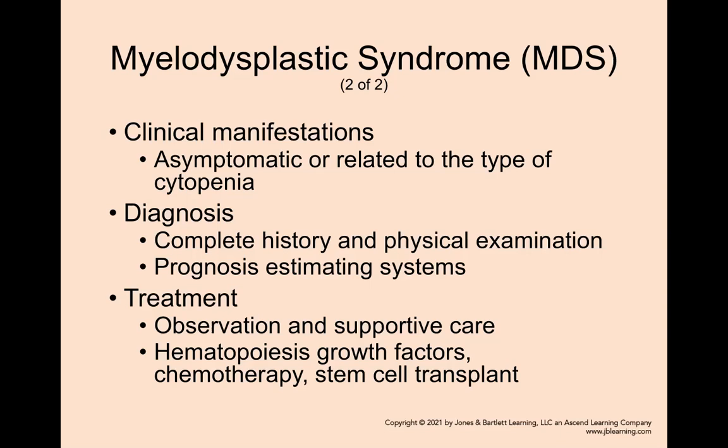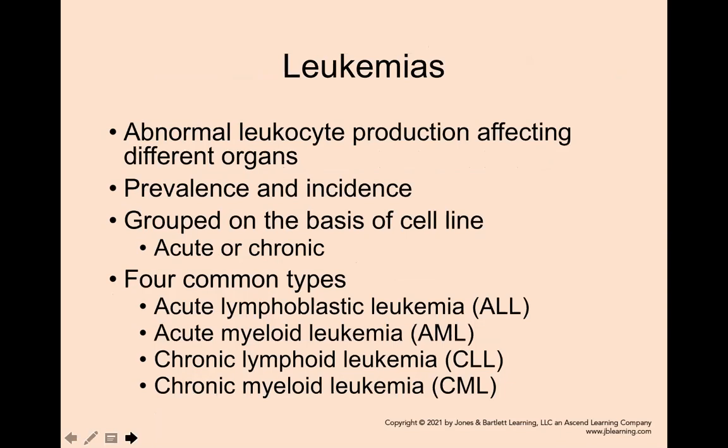Next, we're going to talk a little bit about the leukemias. And there is an application box 3.2 where you can match the different kinds of cancers. It's an activity that you can match up, and it's just good practice to practice your skills with those. So I would suggest you do that activity.